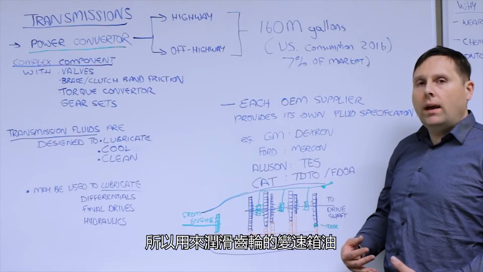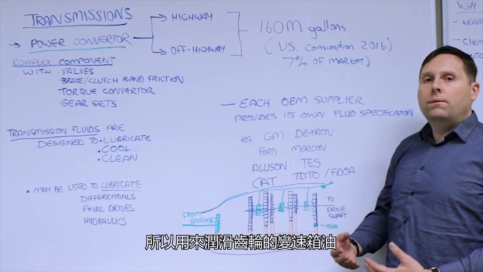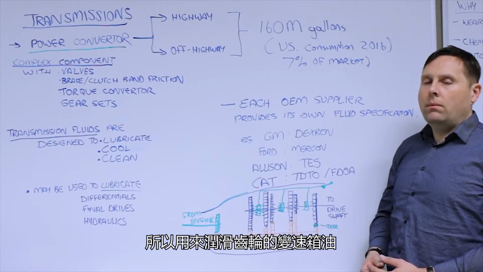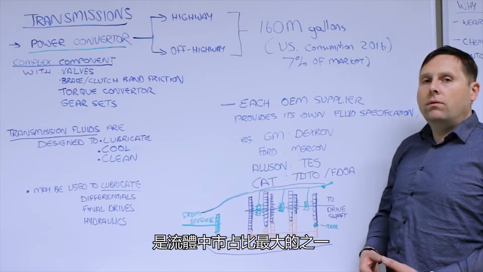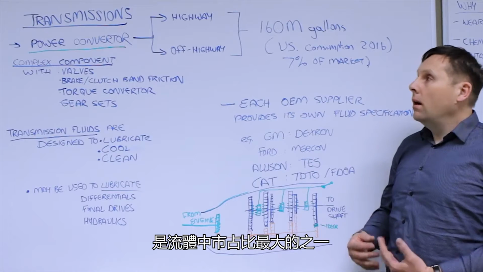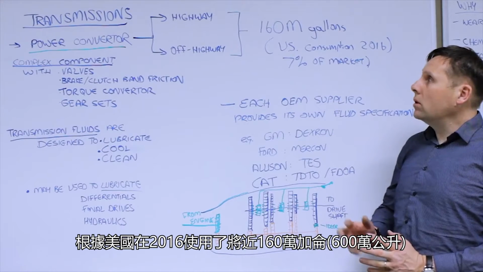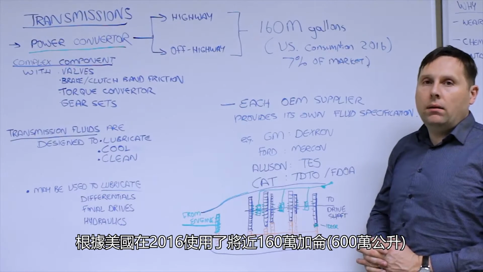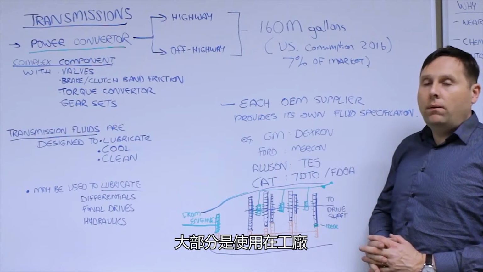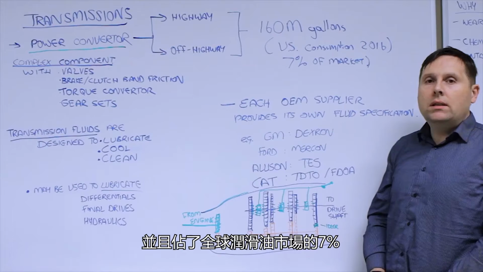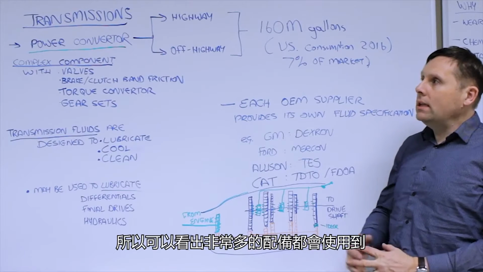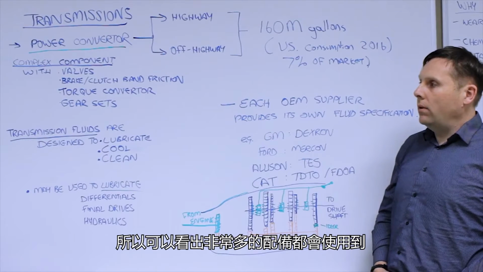As a result of that, transmission fluid, which is used to lubricate transmissions, is one of the largest volumes of fluid in the market. For example, in the US, consumption in 2016 was almost 160 million gallons of fluid, most of that factory fill, or almost 7% of the entire lubricant market. So you can see there's a lot of equipment involved.